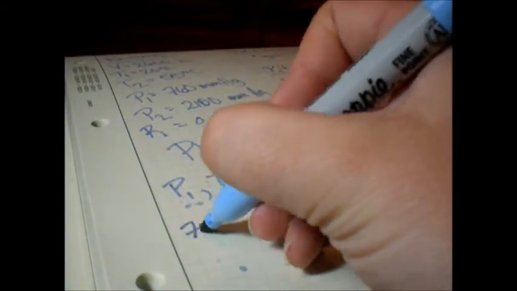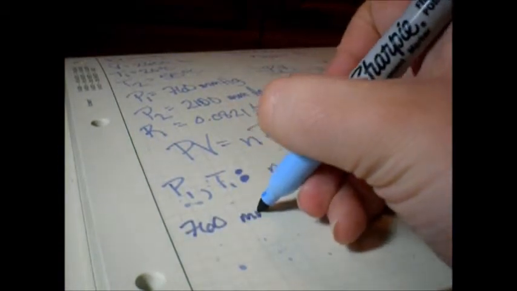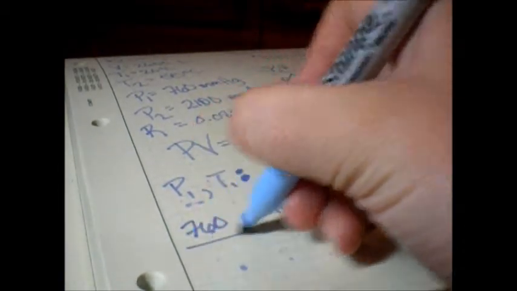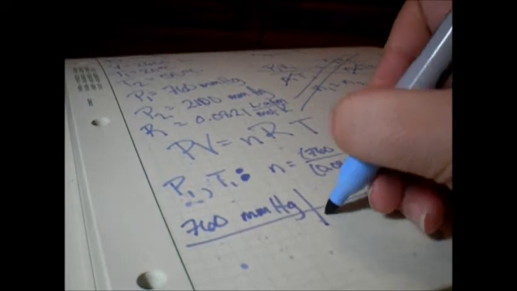And here we run into a problem because we never converted our units. We can't cancel Kelvin with degrees Celsius, and we can't cancel millimeters of mercury with atmospheres. So what we're going to have to do is convert quickly and put the other values back in. So 760 millimeters of mercury, as it turns out, is the same thing as 1 atmosphere.